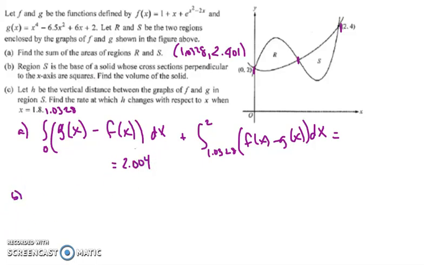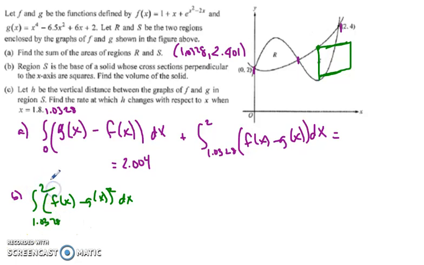All right, for part B, you are taking just the region S, and you've got cross sections perpendicular to the x-axis that are squares. So you have effectively f minus g that you are squaring to get these cross sections as squares. So your setup is going to be your f function minus your g function, all squared, dx, and then the limits of integration are going to be 1.0328 to 2.